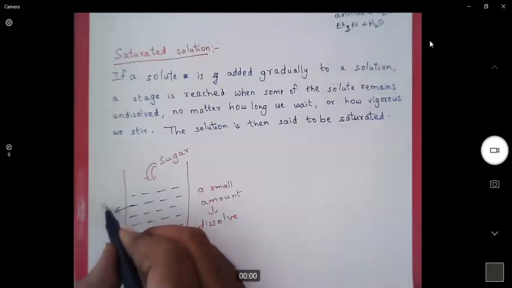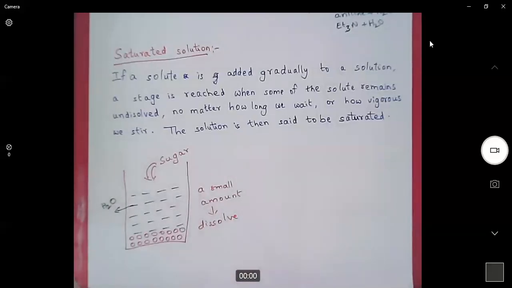So that's what is called a saturated solution. A solution which is completely saturated, that means a solution which has solute dissolved in it to the maximum extent. So that's what we call a saturated solution. If you add some more, it will not dissolve.